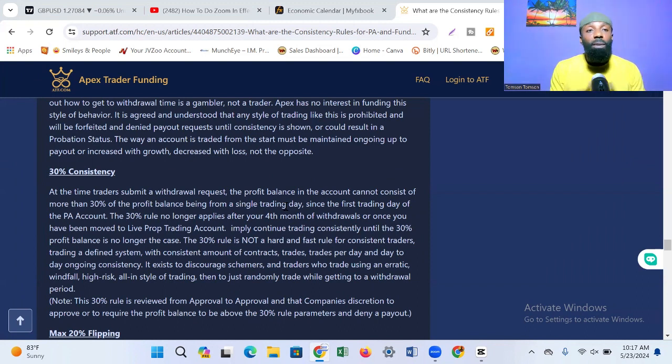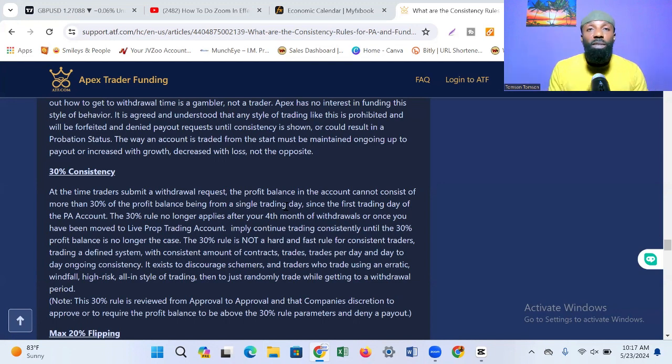So what the 30% consistency rule actually means is this. If you are funded, okay, and let's say you trade and you make $10,000 profits, and you want to make a payout request, you must make sure that out of this $10,000 profits that you've made, 30% of that $10,000 does not come from a single day's profit.